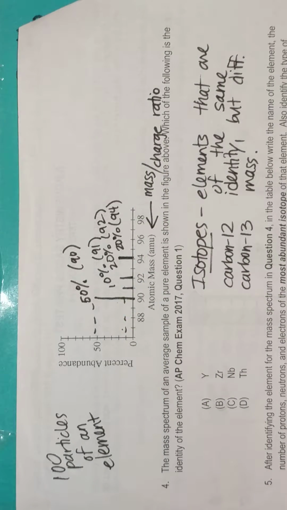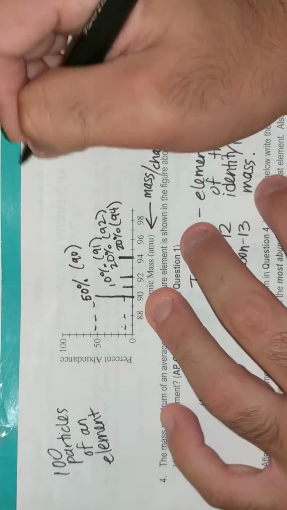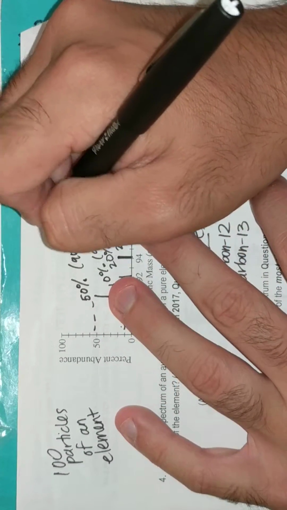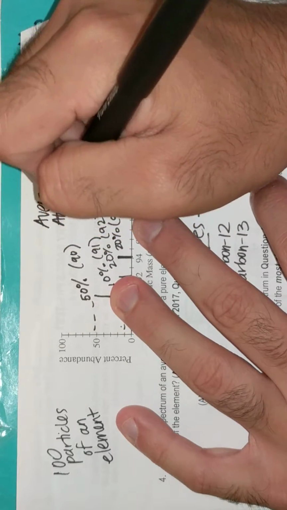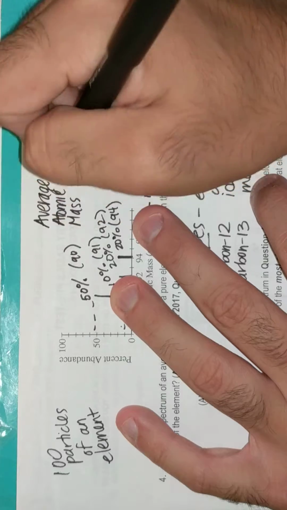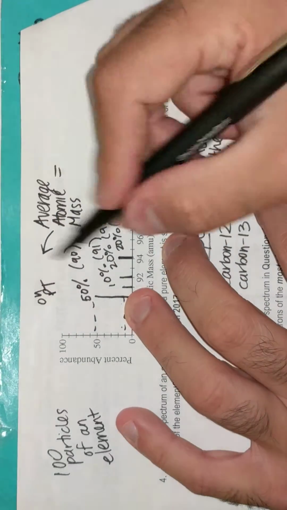If I put all 100 particles on a balance, I would get an average mass, or a weighted average of all these different masses. I'm going to call it average atomic mass, and that's the number read on the periodic table, PT.